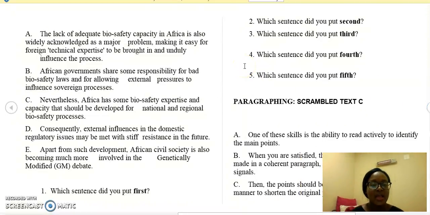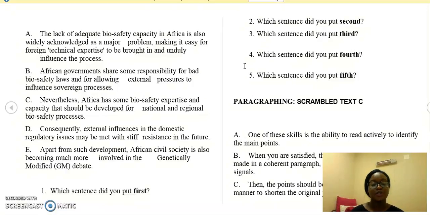A. The lack of adequate biosafety capacity in Africa is also widely acknowledged as a major problem, making it easy for foreign technical experts to be brought in and unduly influence the process. B. African governments share some responsibility for bad biosafety laws and for allowing internal pressures to influence certain processes. C. Nevertheless, Africa has some biosafety expertise and capacity that should be developed for national and regional biosafety processes.